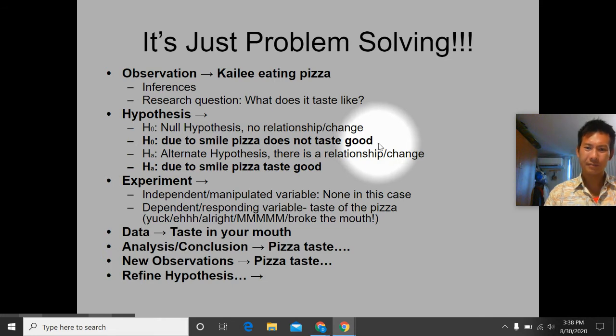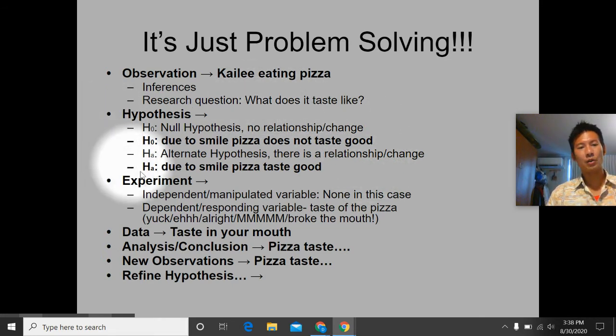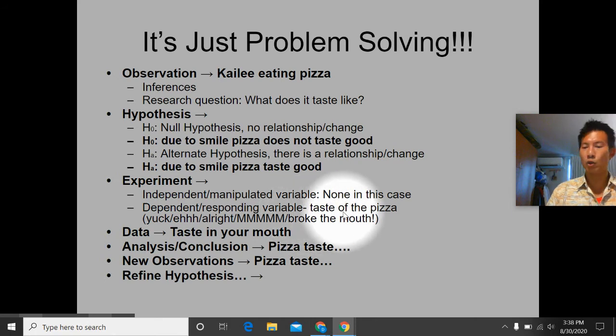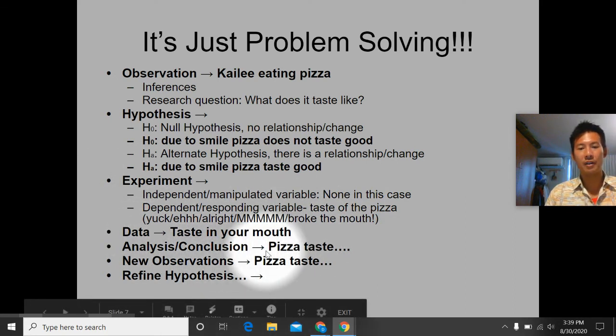All right. Okay, now in this scenario, once you guys have your alternate and your null hypothesis, you create an experiment. Okay. Experiment here is you go and buy a slice of pizza and you eat it. Okay. Now, data, the taste in your mouth, analysis, conclusion. Okay. How does the pizza taste to you?